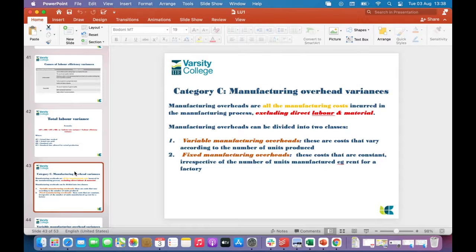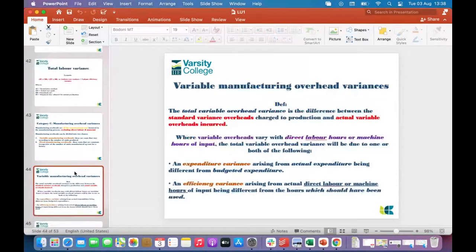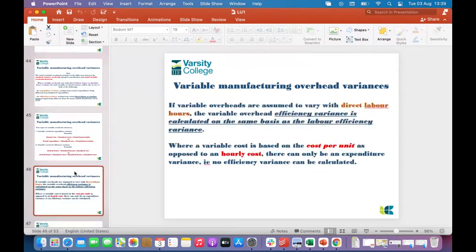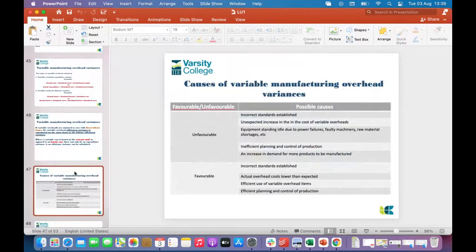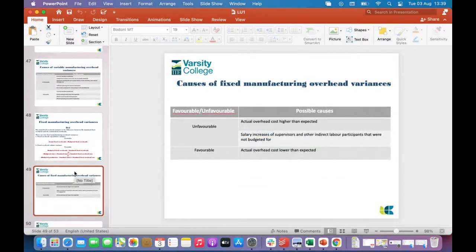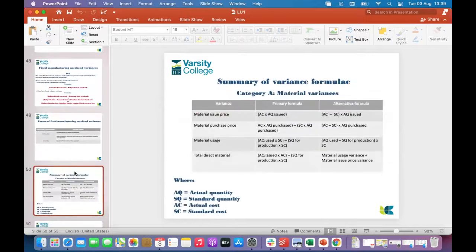Then they take you to the manufacturing overhead variance, defining it and talking about it. Then fixed manufacturing overhead and the causes.